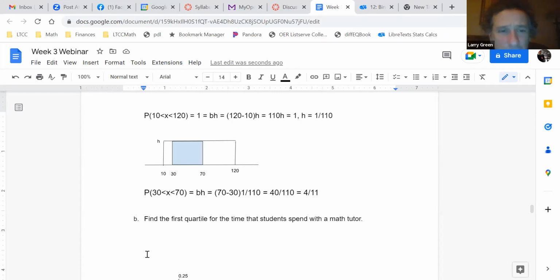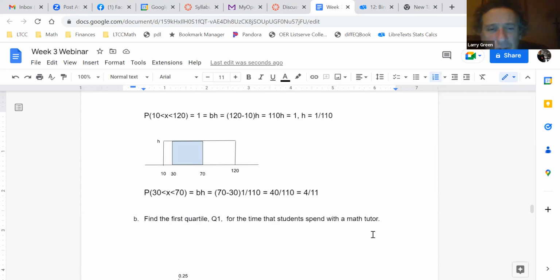Okay, so the next question is, let's see if we can find the first quartile of the time that students spend with a math tutor. Do you remember what the first quartile is? Maybe I'll even write Q1, the first quartile in symbols, for the time that students spend with a math tutor.